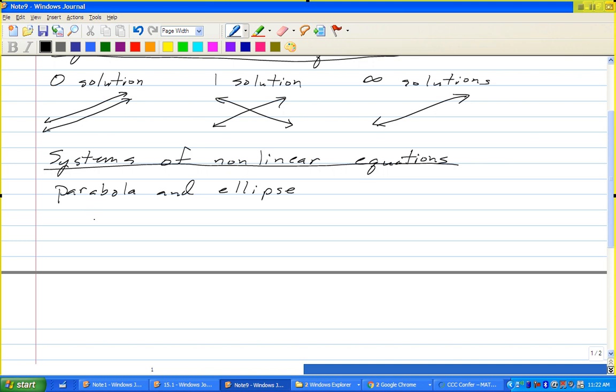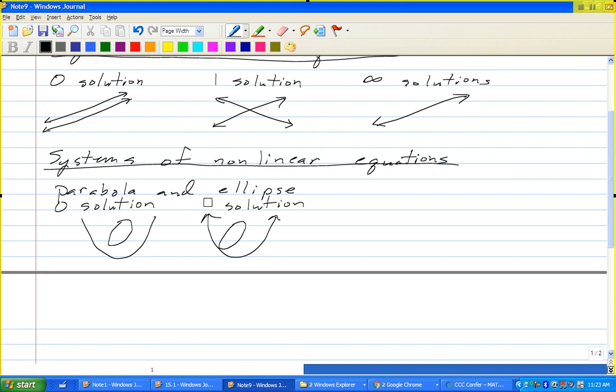In that case, you could have no solution, just like above. You could have a parabola and an ellipse that intersect at just one place, so one solution, just like above.